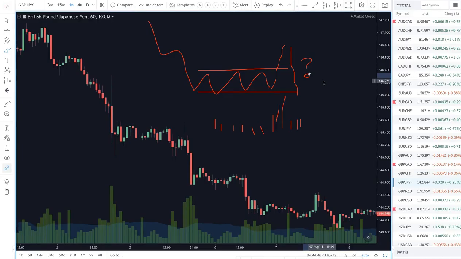Okay, so for this particular thing, it basically means there was a buyer who stepped in and the sellers completely consumed it. Again, there was a buyer that stepped in, because that indicates buyers are now in control of the market.